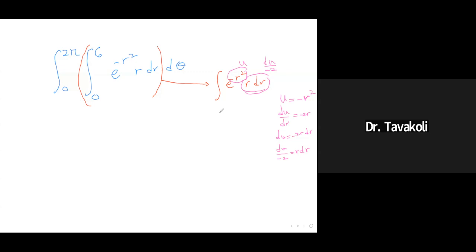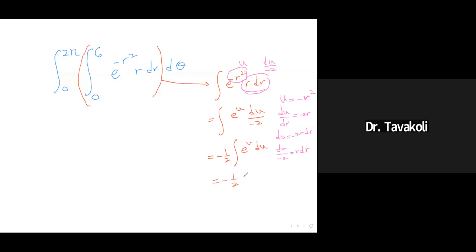So this integral is going to be equal to the integral of e to the u du over minus 2. Over minus 2 is like minus 1/2 coming out of the integral. So I will have e to the u du.